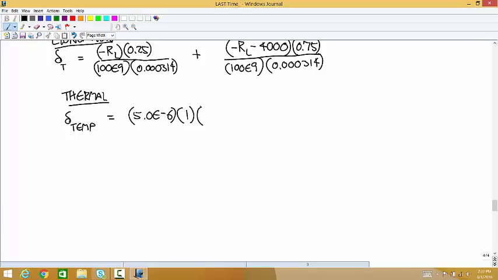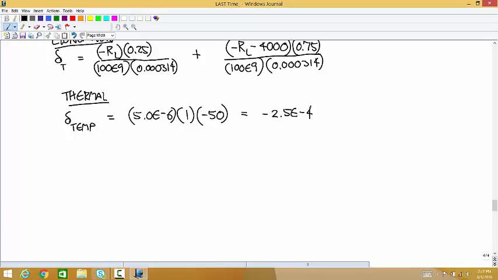This is a decrease of 50 degrees, so that's negative 50. So you get an elongation of negative 2.5 times 10 to the minus 4. So it shortens, just due to temperature, it would shorten by 1/4 of a millimeter. It doesn't sound like very much, but it's going to have a big effect on these forces.